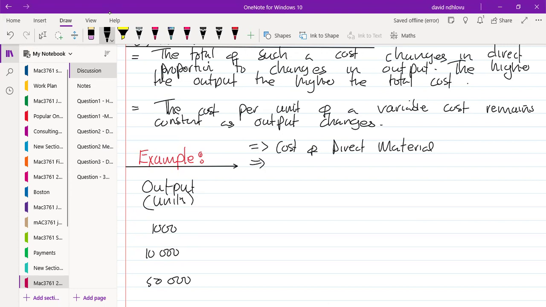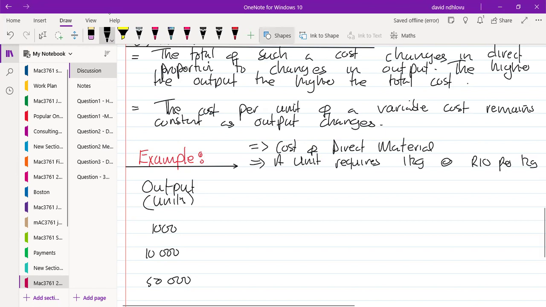Let's say 1 unit of a product requires 1 kg, at rand 10 per unit or per kg.